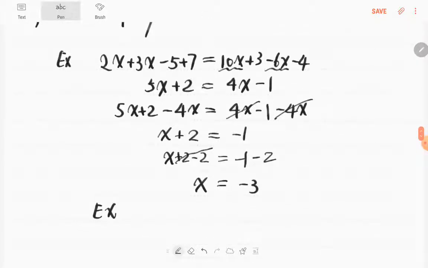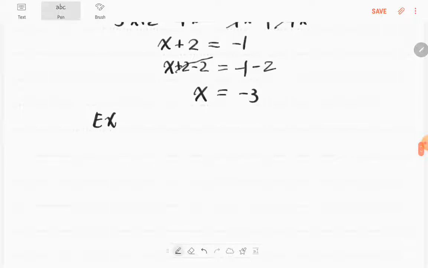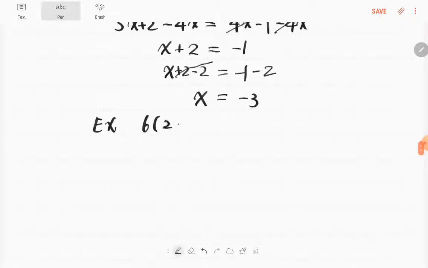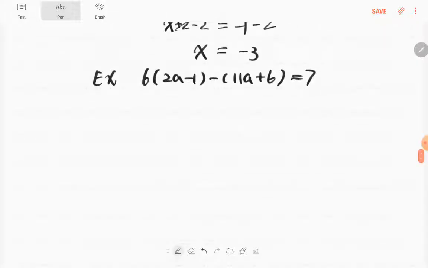This is another example. This time we have this. So this time we should use the distributive rule, right? So for the first term, we will use the distributive rule to get this.